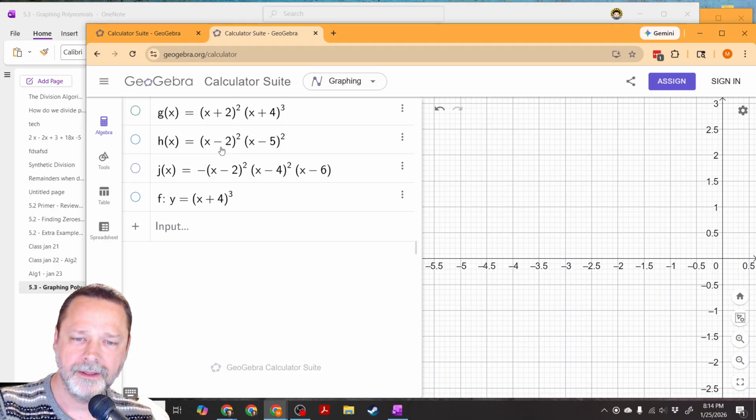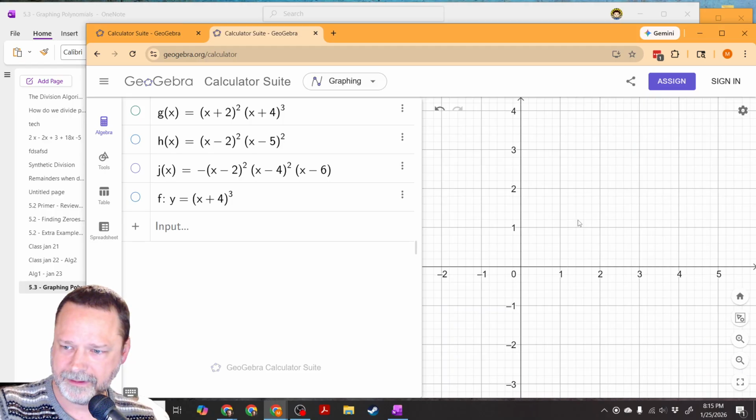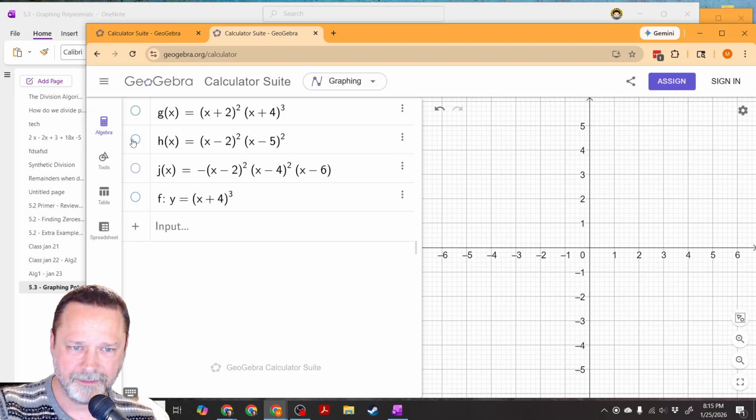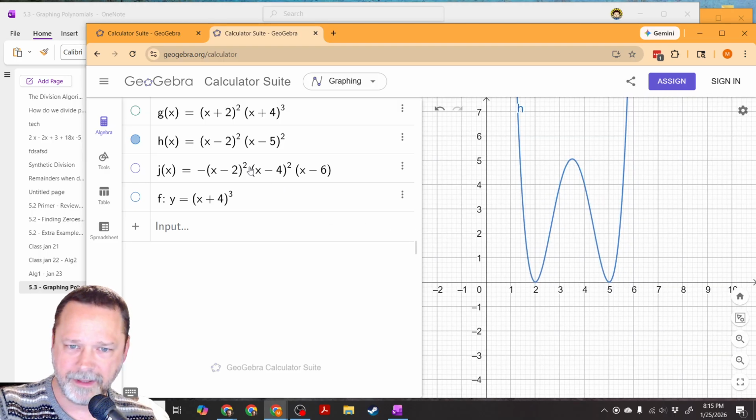Here we have roots at 2 and 5. X equals 2 and x equals 5. Now let's go ahead and zoom out a little bit. Bring this in. There we go. They're both even, so they're both like parabolas right around there. And that's the way I remember it.